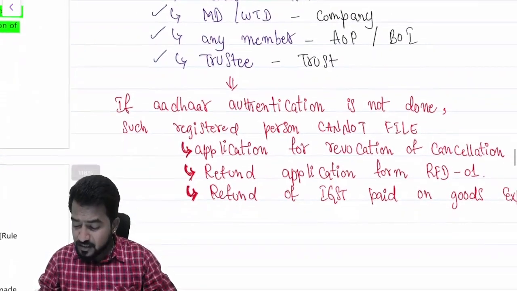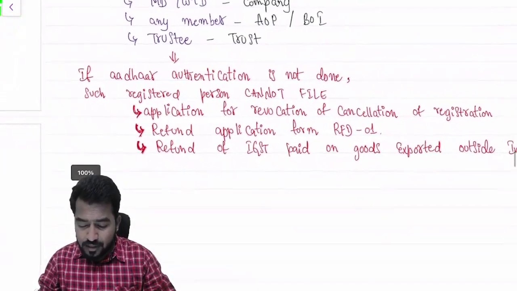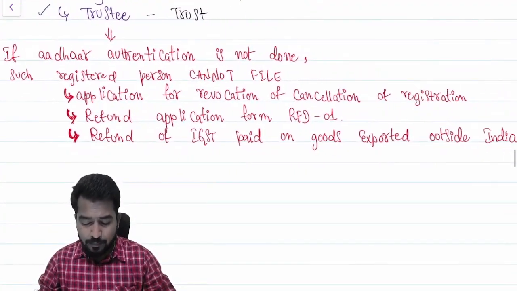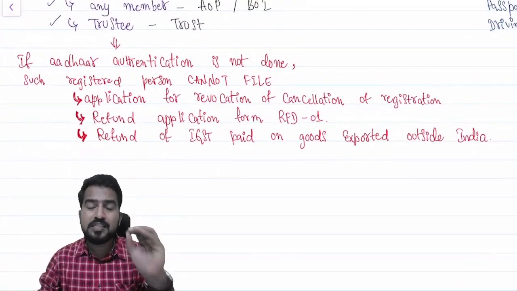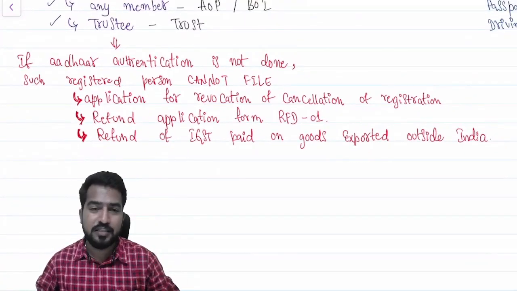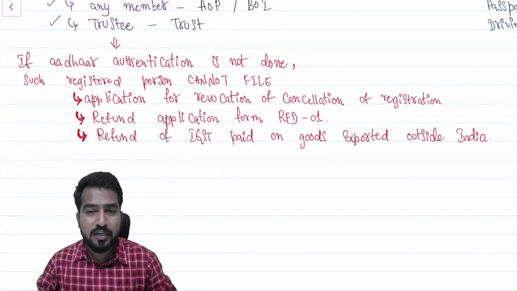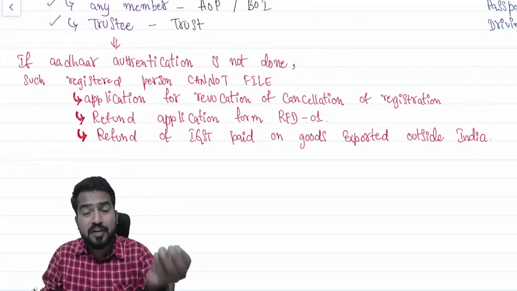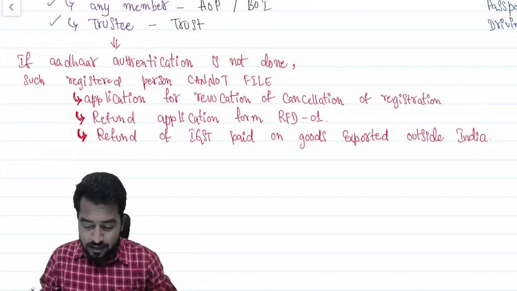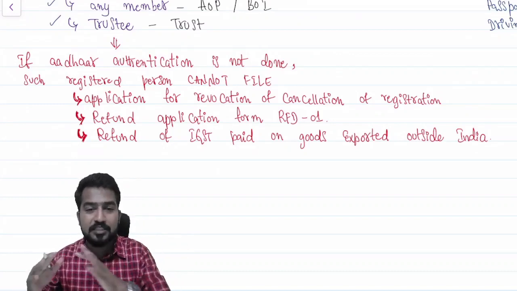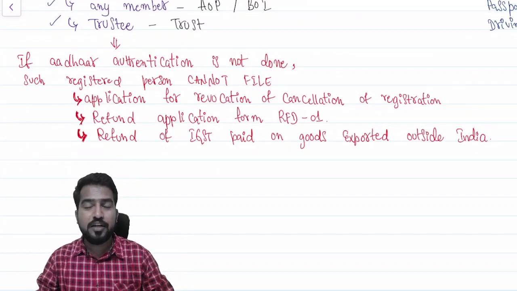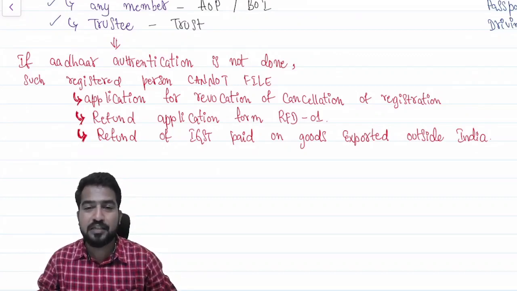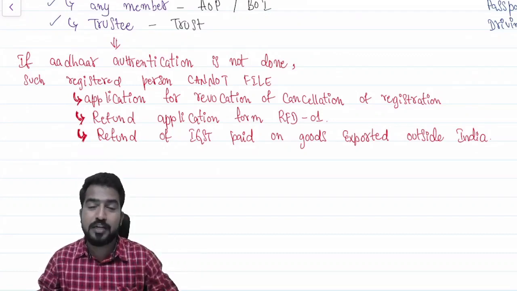Here, please understand carefully, if they are not undergoing the Aadhaar authentication, then they are losing certain luxuries under GST. What are those luxuries they are losing? They cannot file any application for revocation of cancellation of their registration. If their registration is cancelled by the GST authorities, they cannot apply for revocation of cancellation if their Aadhaar authentication is not done.